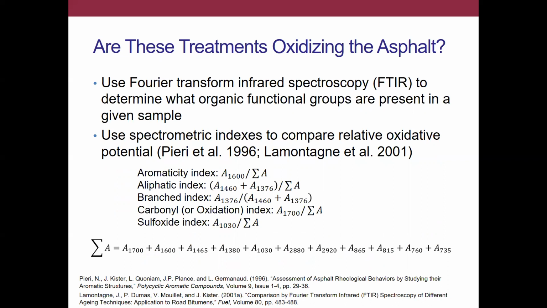Then, taking the ratios of the different peak areas, we could establish, at least relative to these different samples, whether or not one treatment increased the level of oxidation relative to another treatment.